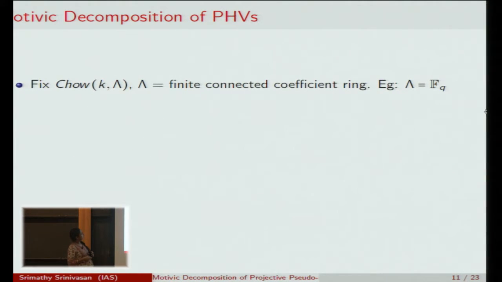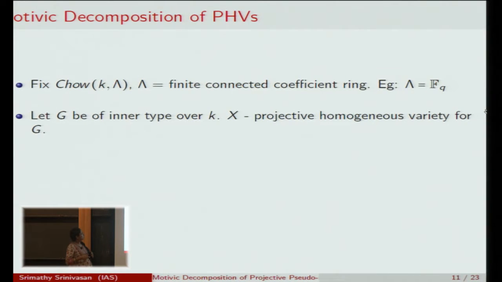Okay, so our next question is how do we decompose the motives of projective homogeneous varieties? Okay, and from now on throughout the rest of my talk, I'm going to assume that the lambda here, the coefficient ring, is a finite connected ring. An example to keep in mind is any finite field with q elements.